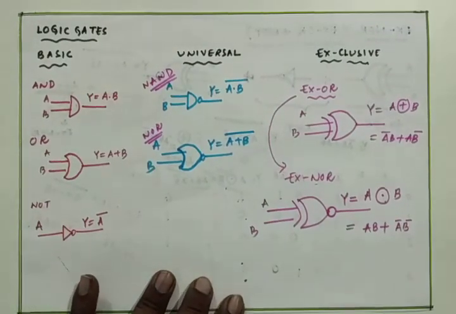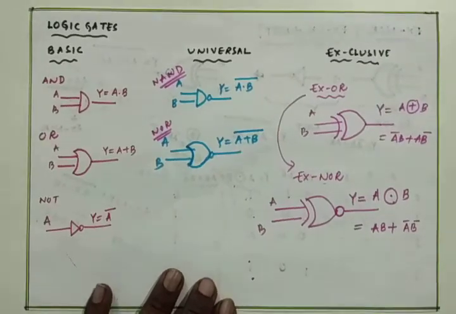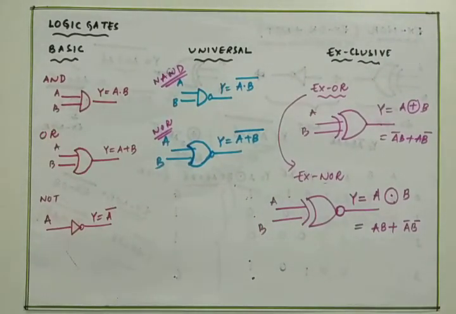So like this, these are the 7 important logic gates, which are very useful to realize any digital system, and these are the fundamental building blocks of any digital system.